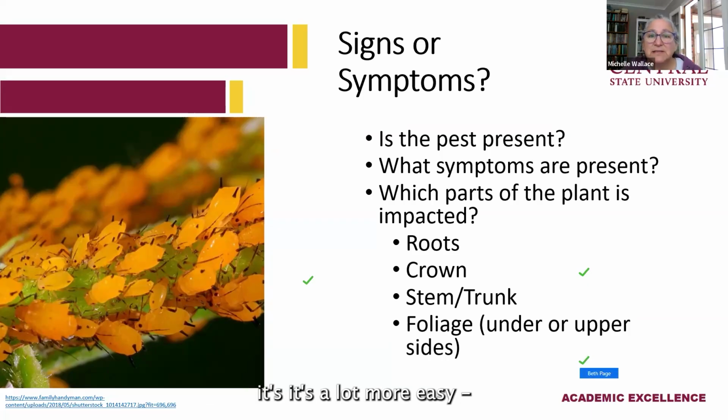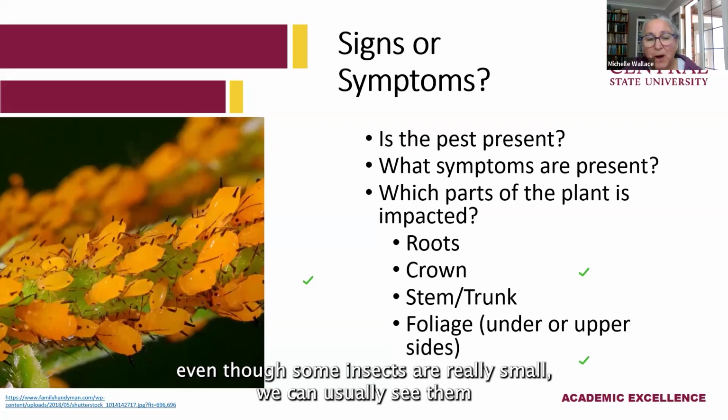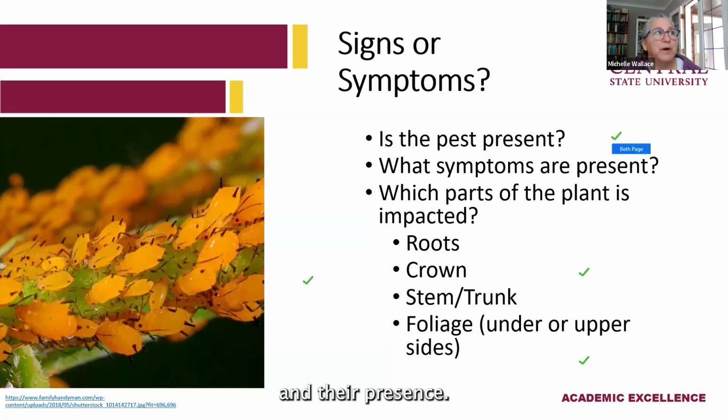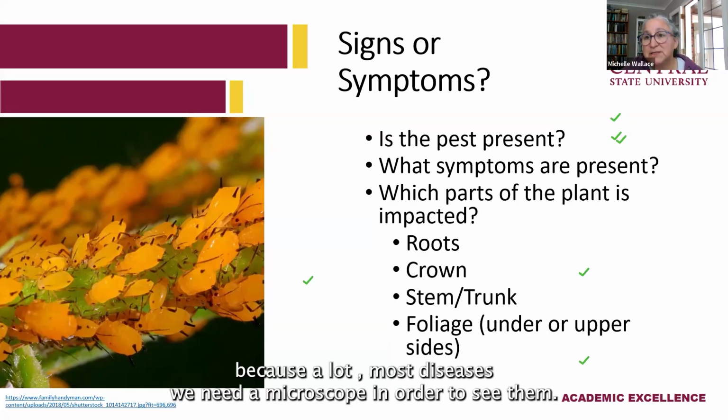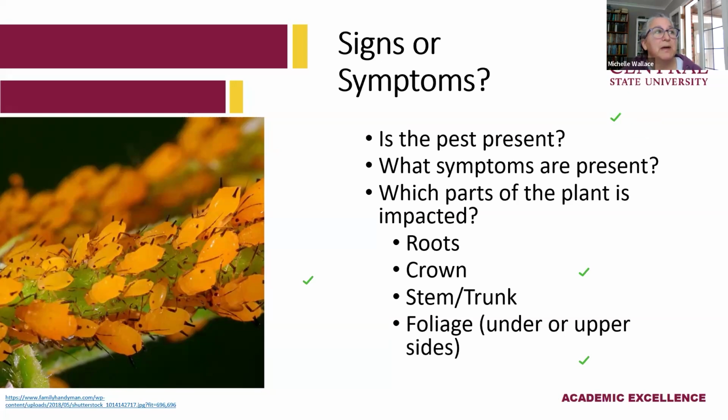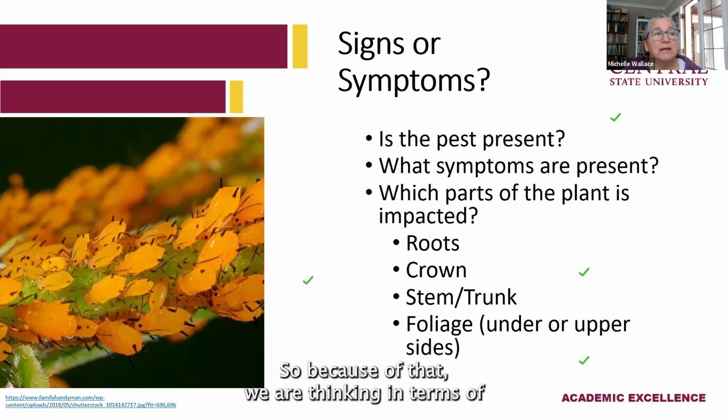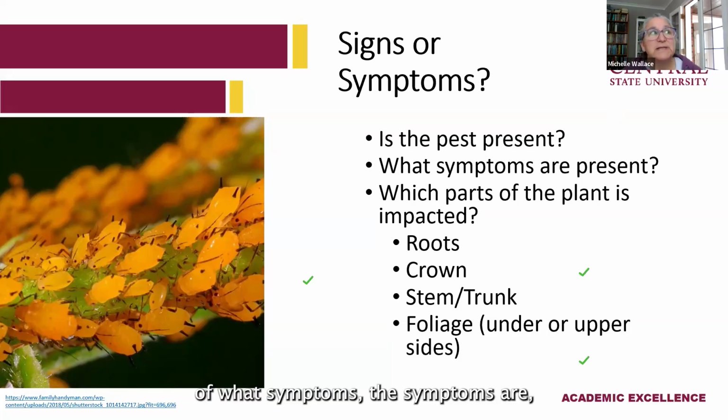With insects, it's a lot easier. Even though some insects are really small, we can usually see them and their presence. With diseases, it can be much more difficult because most diseases we need a microscope in order to see them. So because of that, we are thinking in terms of symptoms.